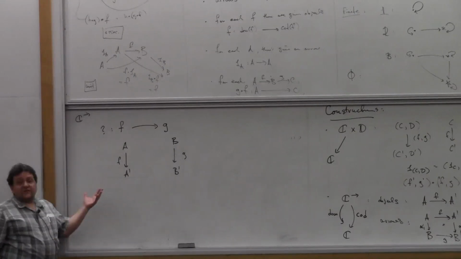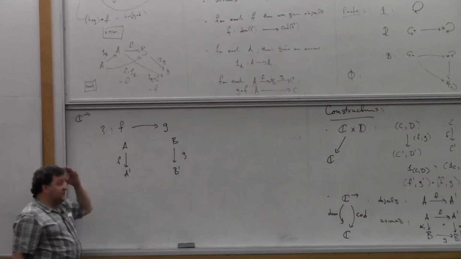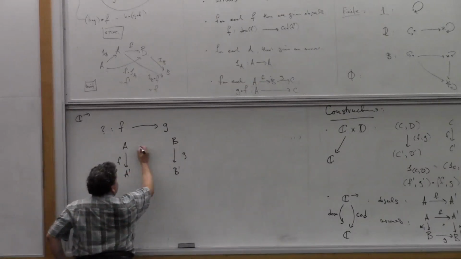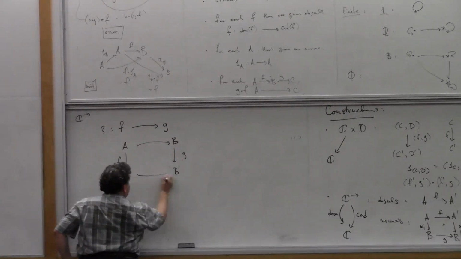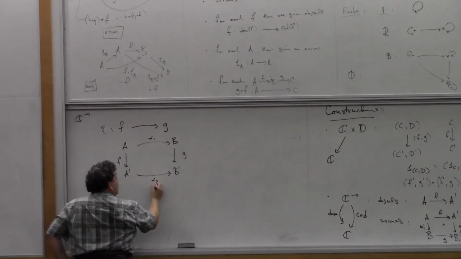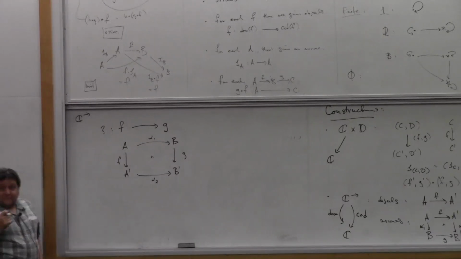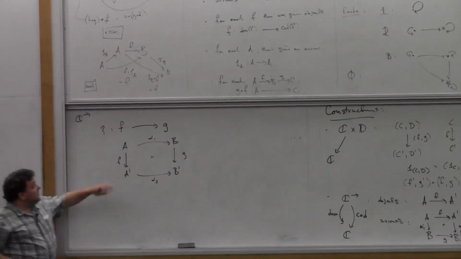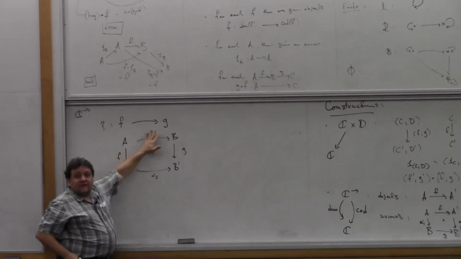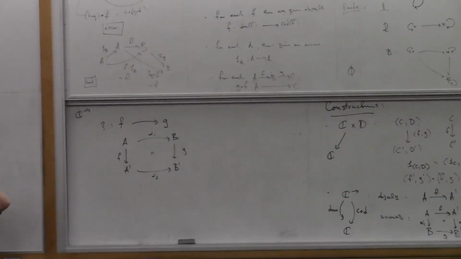And now I have to say, what is an arrow from here to here supposed to be? And what I've said is, well, it's by definition a pair of arrows, one here and one here. Give them some names, alpha 1 and alpha 2, such that this square commutes. So I don't know what it would mean to leave the alpha 1 and alpha 2 off. Okay?